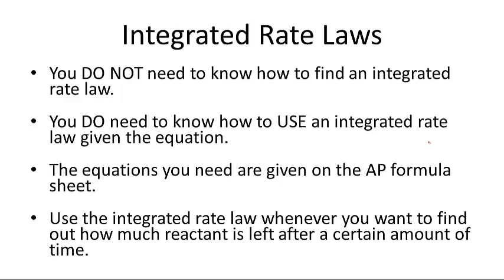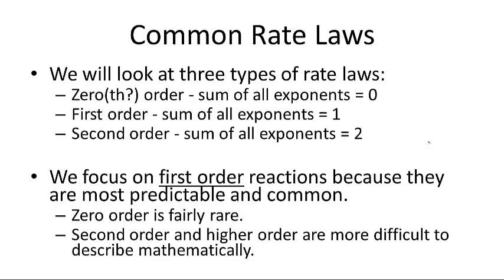Okay? Since we started with first order, well, actually, I'll just go in order. We'll just look at three types. A zero order rate law. So if it's a zero order rate law, that means the exponent is 0. So then that's really simple.